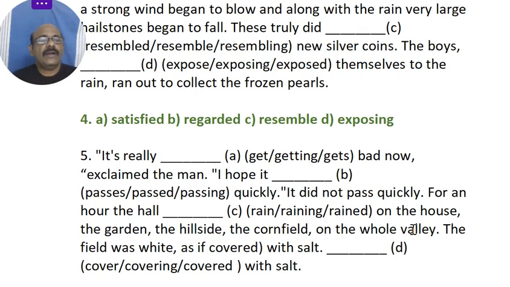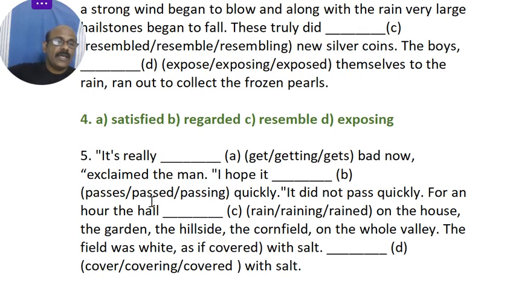You see, until now we said the sentences are in the past tense, we are taking faster. But here, these are between the inverted commas. Hope is present tense, so automatically we are taking passes here. It didn't pass quickly. For an hour, the hail rained on the house.